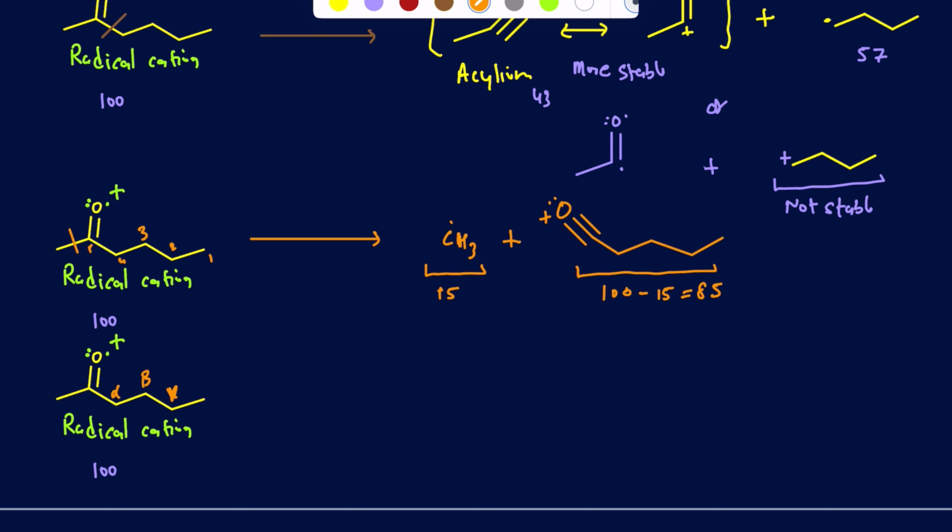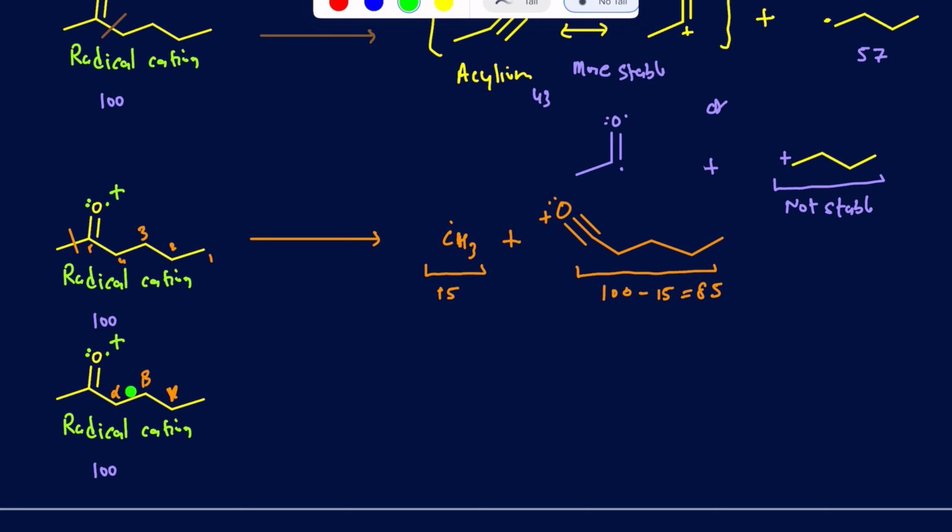Then the McLafferty rearrangement typically takes place between the alpha and the beta. You have to have that alpha and beta, and for this to take place, you have to have a gamma as well. If you don't have a gamma, then it would not technically take place, because it's really the gamma that interacts with this oxygen right there.